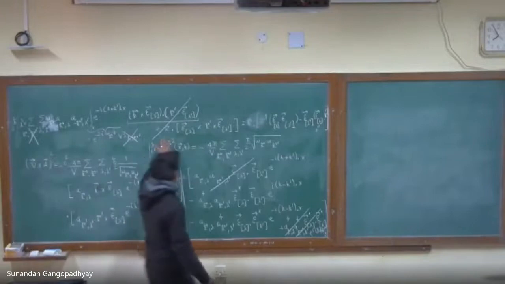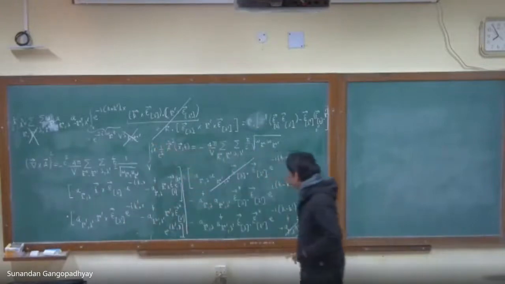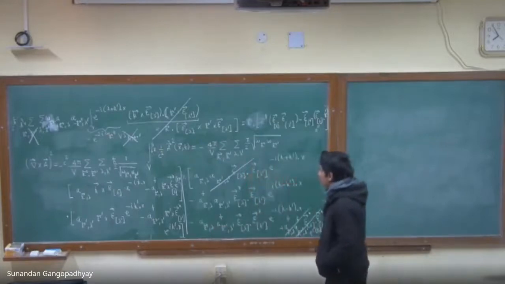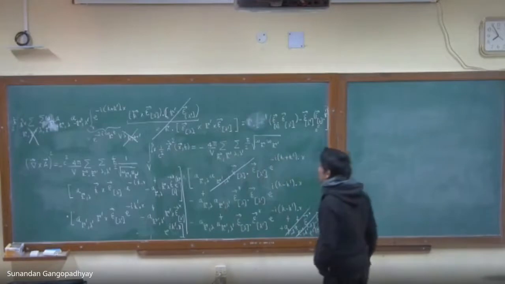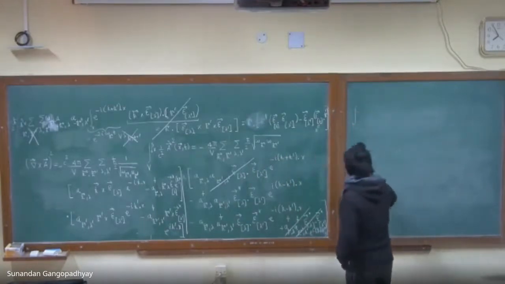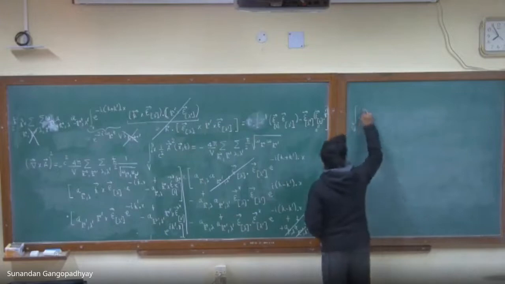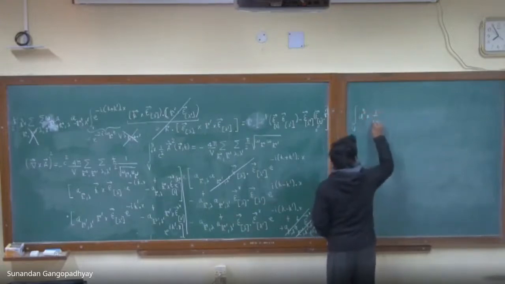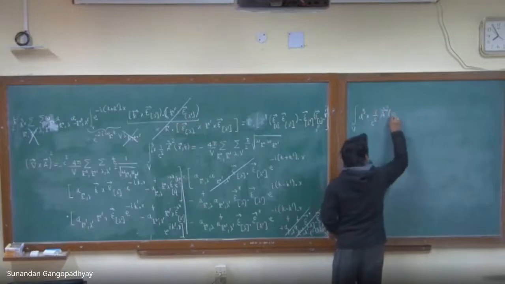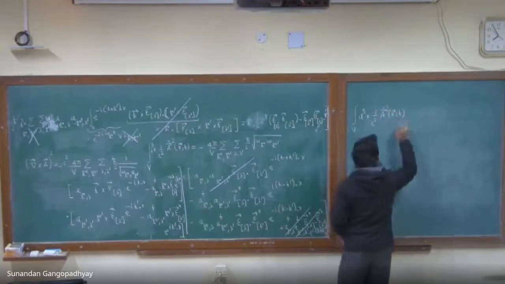This is the a dot square term. So here you only have this term and this term as the surviving terms. Let us write down the full term, d cubed x, 1 by c square, a vector dot square of x comma t.